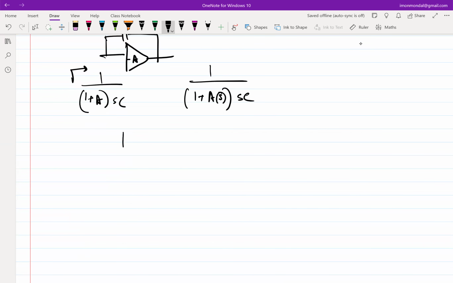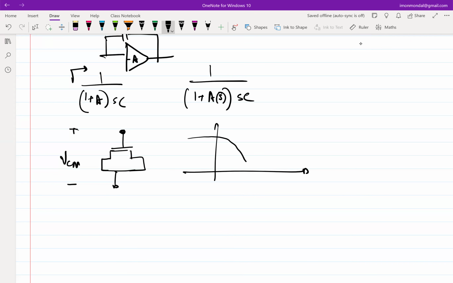Because ultimately, without going into device physics, if I have some biasing between these two nodes, let me call it some VCM, then depending upon whether the device is in depletion, inversion, or accumulation, you can get different types of capacitances, right? At very high frequencies, the capacitance kind of looks like this. At low frequencies, at inversion, it comes up.